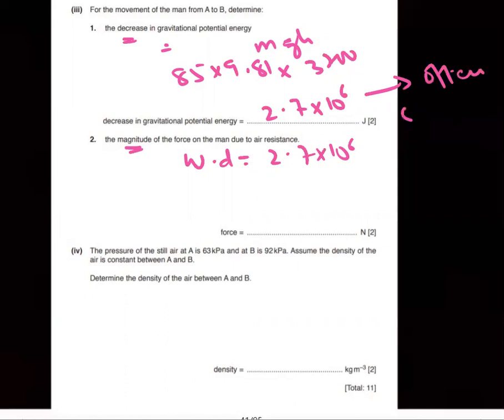If you have gotten this answer wrong, then you will be carrying it further, and the marks will be deducted over here as well, as error carried forward. So the magnitude of the force on the man, right?